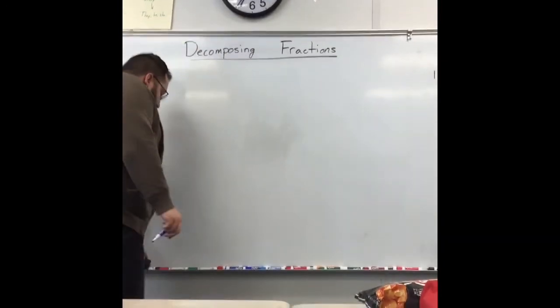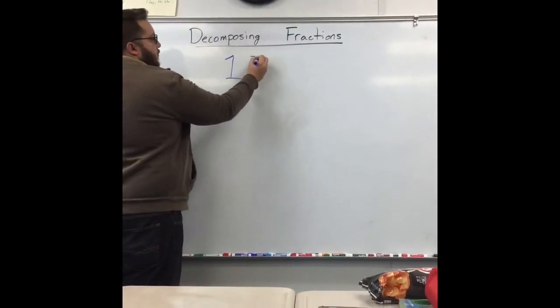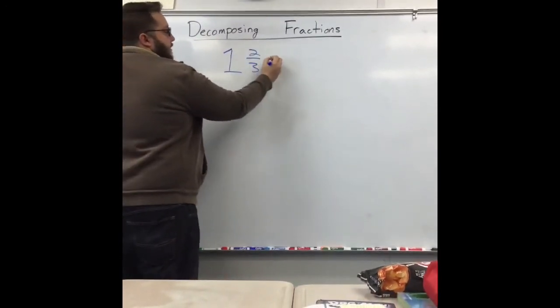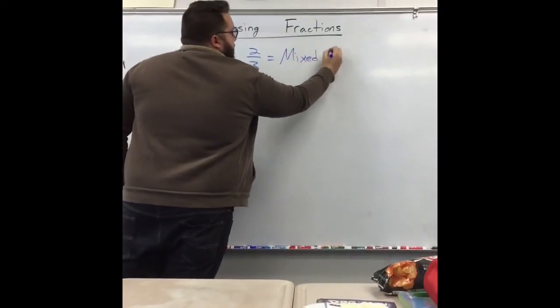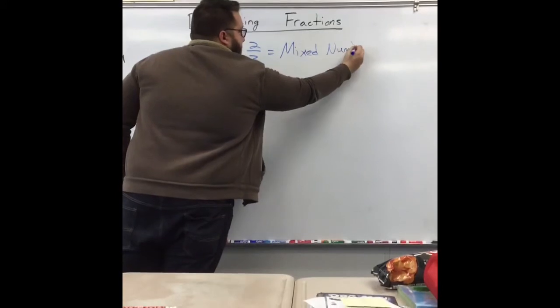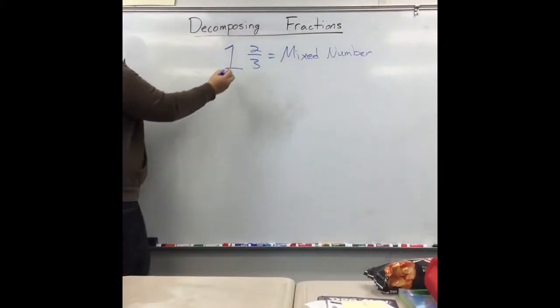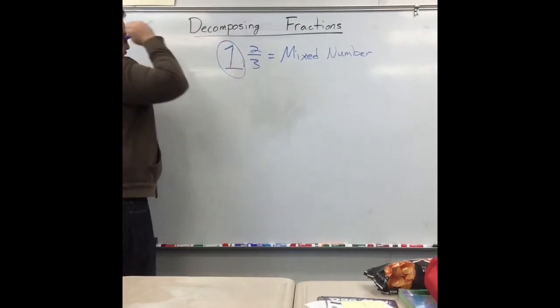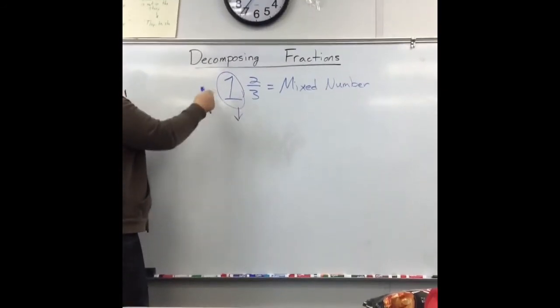There's also situations where you have a whole number with a fraction. This is called a mixed number. The first thing I'm going to have to do is draw a circle around my whole number, look at the denominator, and turn that into a fraction.